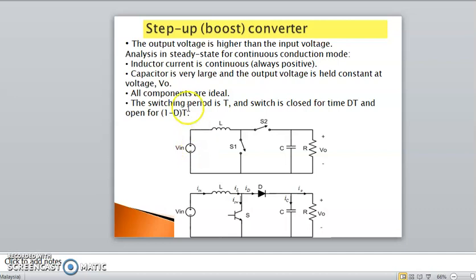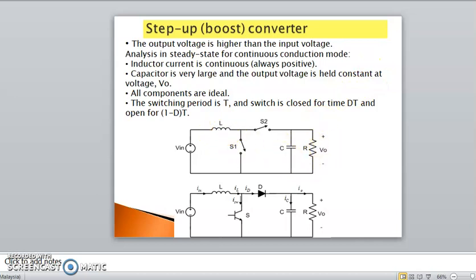Boosting up, and the analysis will be taken at steady state and continuous conduction mode, CCM, with the inductor current always positive. The capacitor is assumed to be very large, and the output voltage is held constant at V out.